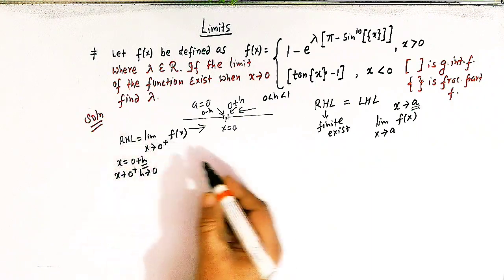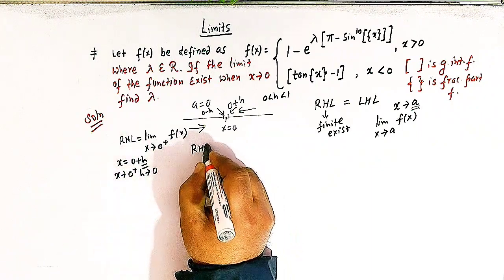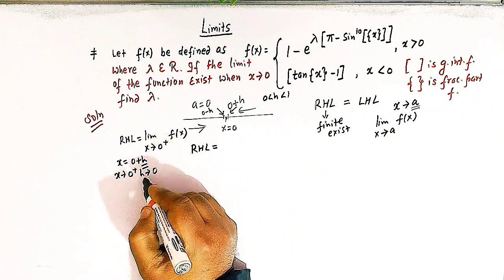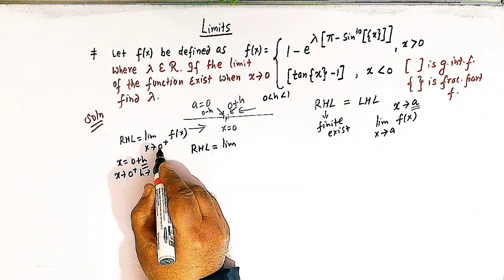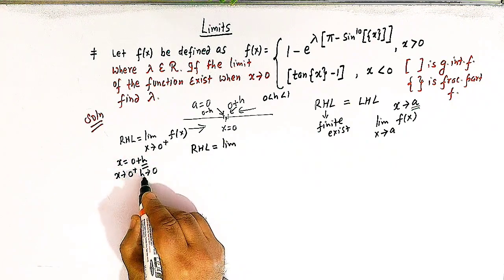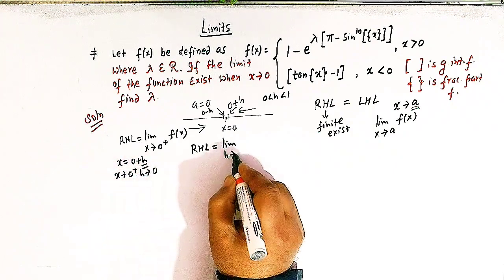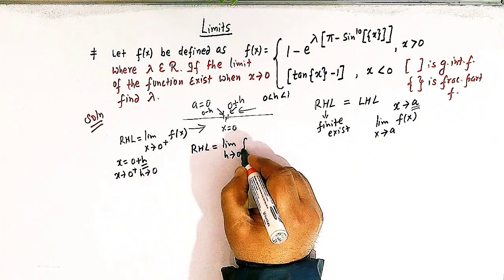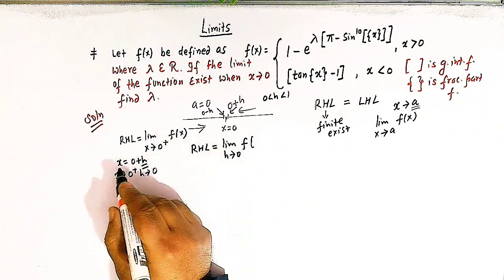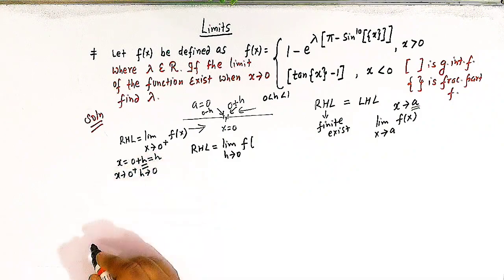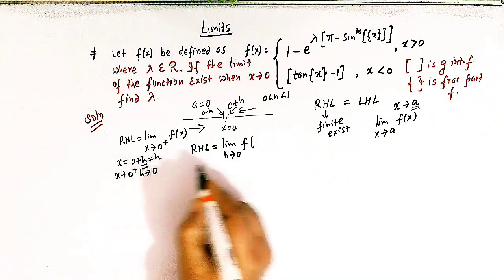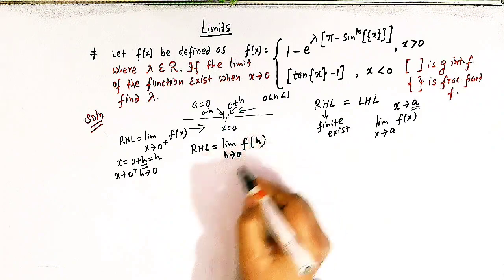So now the right hand limit can be expressed in terms of h, that is the limit. Here x tends to 0 can be replaced by h tends to 0, and here we have f of x. So x is 0 plus h, so here we have h, right? 0 plus h is h, so here we have f of h.